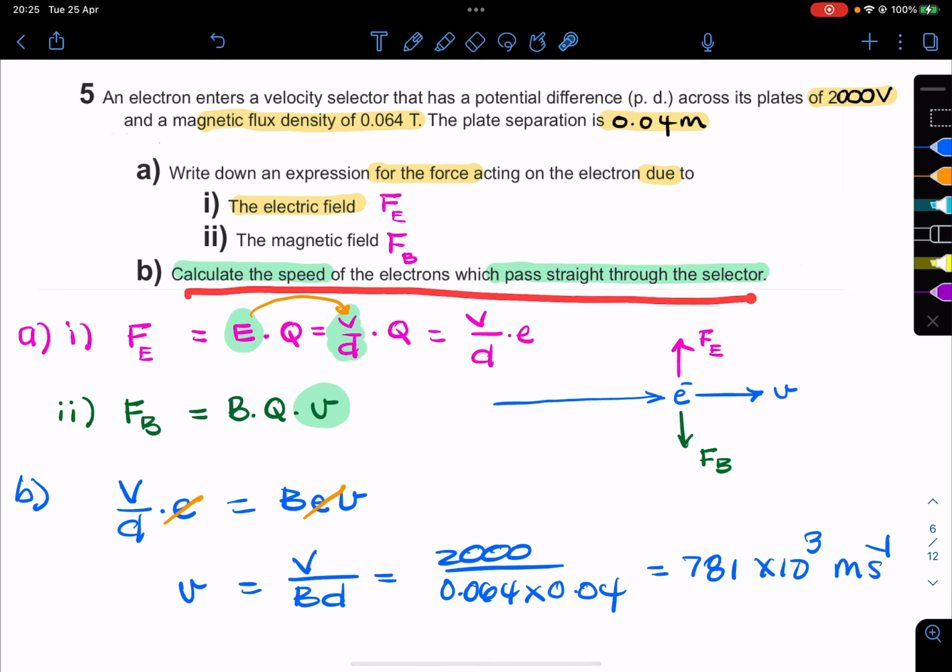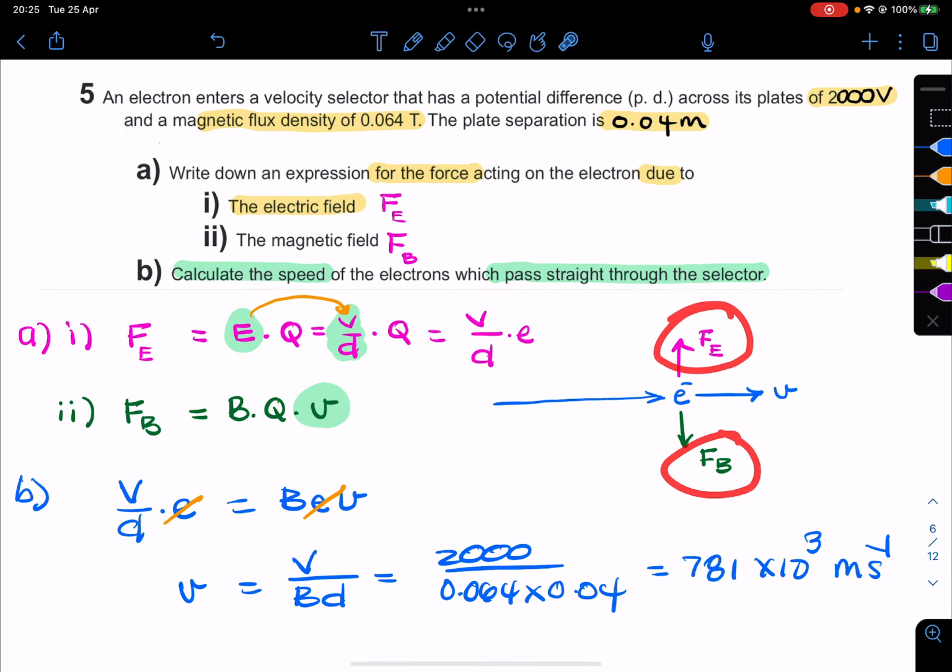So that's how you'd find the speed. In a velocity selector, you always equate these two, so this expression would be equal to this expression. That's how you find your velocity.